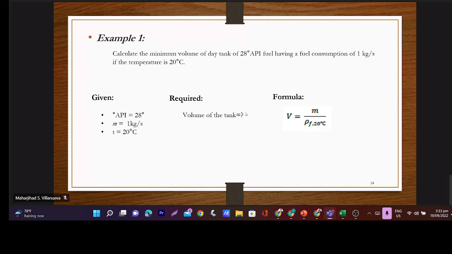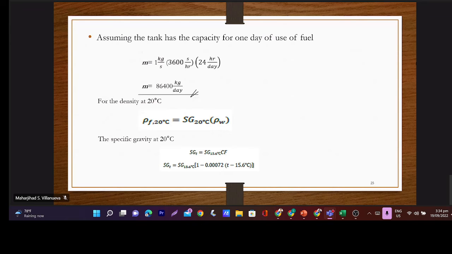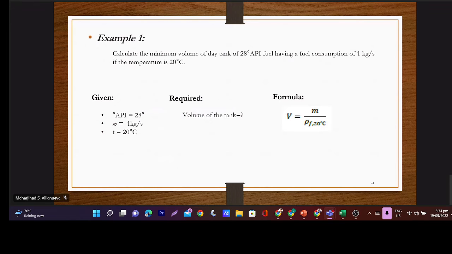Then the given temperature is 20 degrees Celsius. Ang hinahanap sa problem ay yung volume of the tank per day. So, gagamitin nating formula ay yung formula ng density, which is mass over volume. Since ang hinahanap natin ay yung volume ng tank, we can see that volume is equal to mass over the density of the fuel at 20 degrees Celsius.